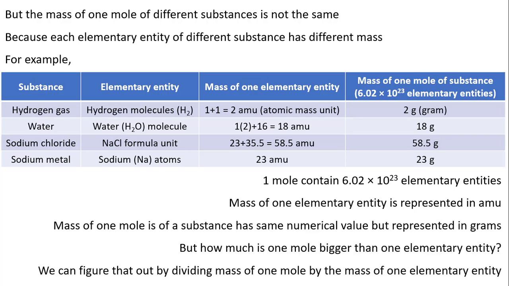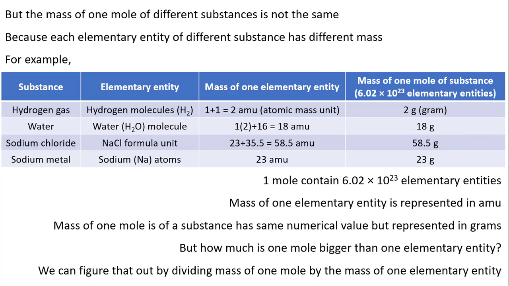And how would we figure that out? We would simply figure out how much bigger 1 mole is than one elementary entity. We can do that by dividing the mass of 1 mole of the substance by the mass of one elementary entity.